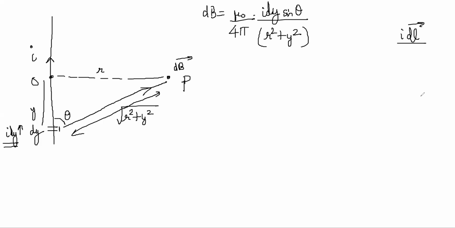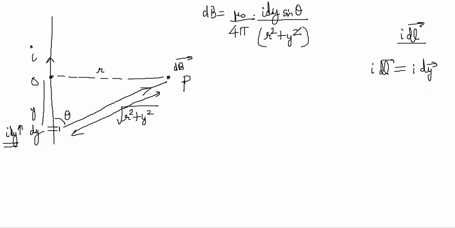Okay, fine. क्या हो गया प्रॉब्लम? That I into dl you wrote as I dy sin theta. In the previous class, sir, I have written IDL as IDY. Okay. हाँ? Correct.